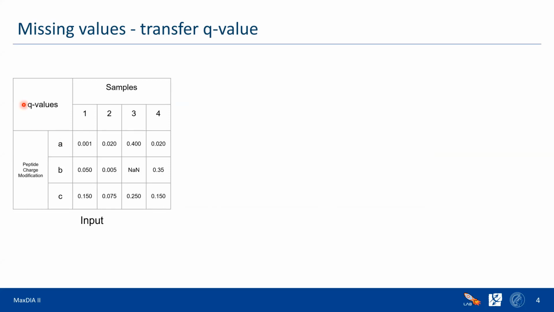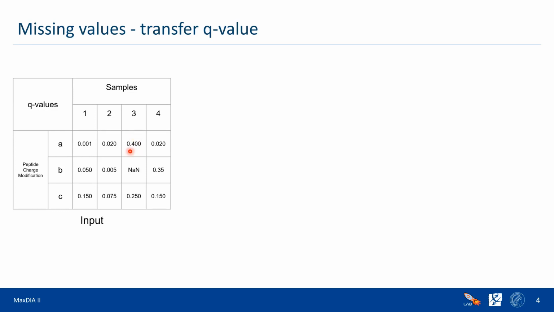After applying scoring, after using machine learning to improve the score, and later using FDR, we came up with the Q-value, which is basically the product of the FDR quantification. For each peptide, for each sample, we have a quality of how well we match the library to the experimental spectrum. As we see, we have a 0.001, 1% Q-value, which is really good. And for the same peptide in sample 3, we have a really high value, 40%.